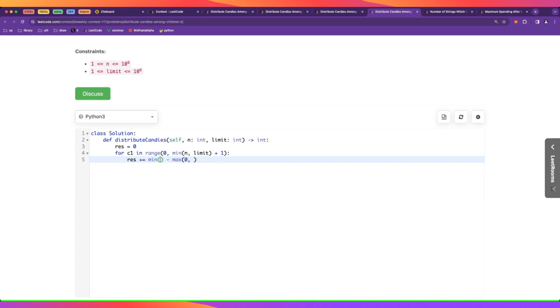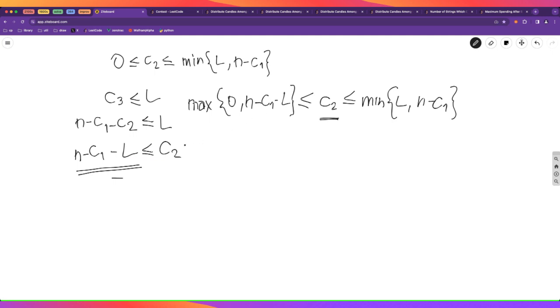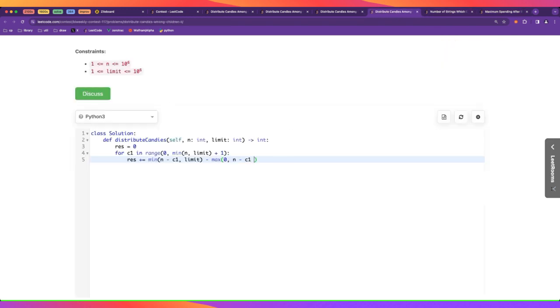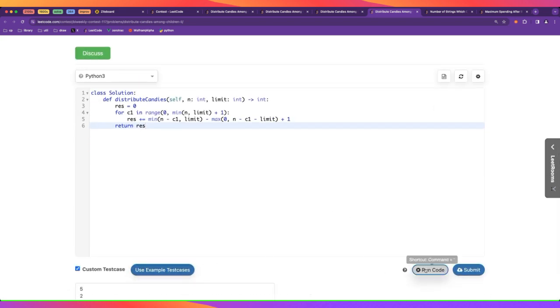So this was the usual n minus C1 and limit, and this was n minus C1 minus L, minus the limit. And since we are including both extremes of the range, we need to add 1, and this should give us the answer.